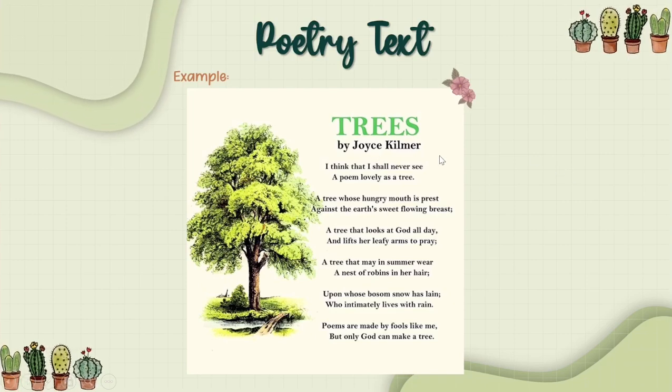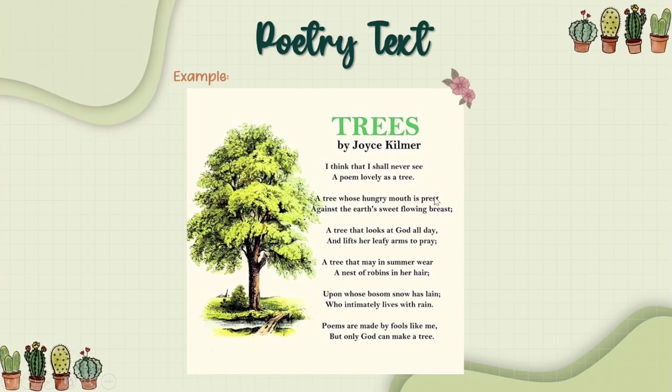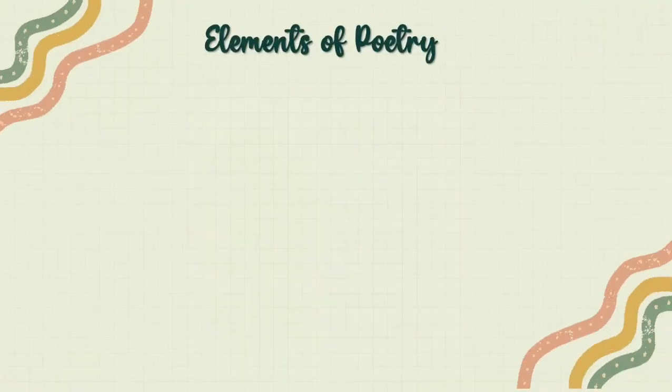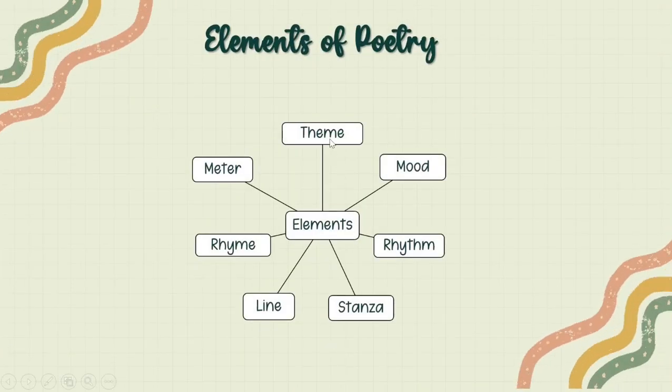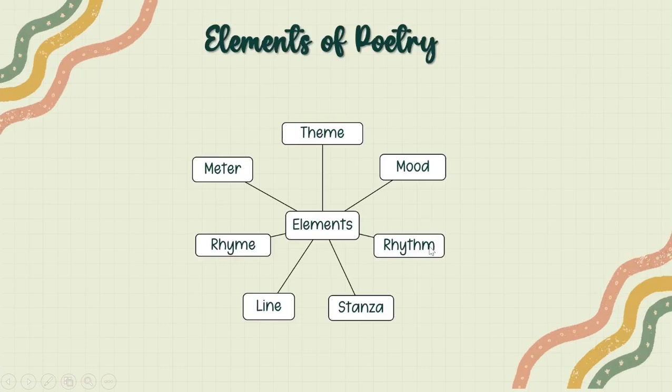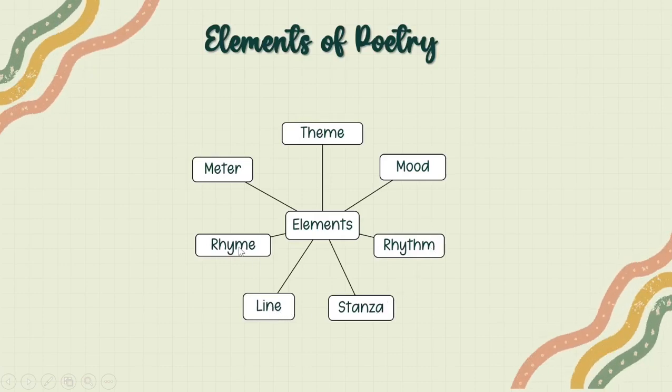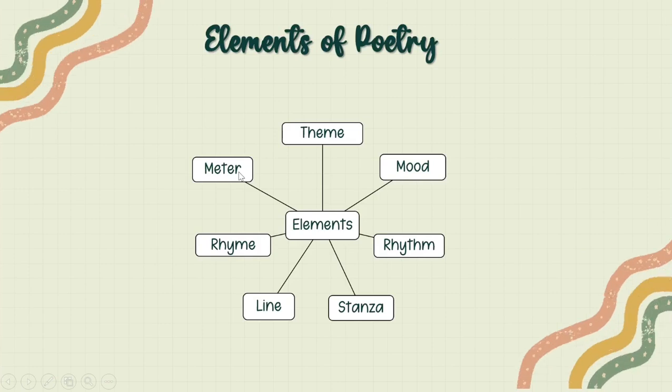You can see in this poem the lines, ito yung mga lines, and the stanza, the group of lines grouped together. Tingnan muna natin ang elements of the poetry. We have theme, mood, rhythm, stanza, line, rhyme, and meter.